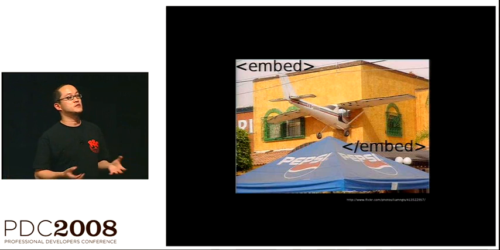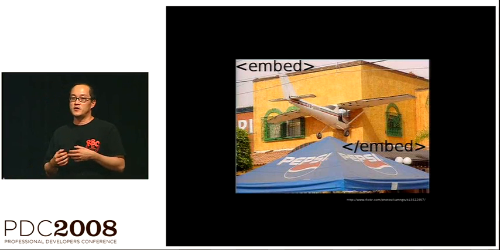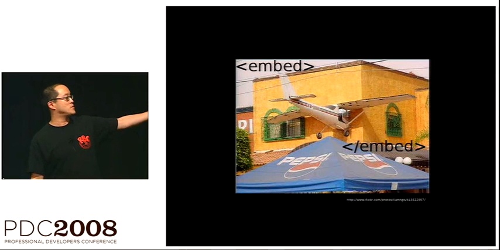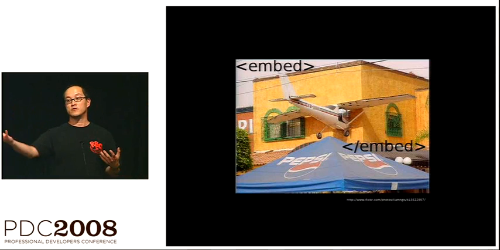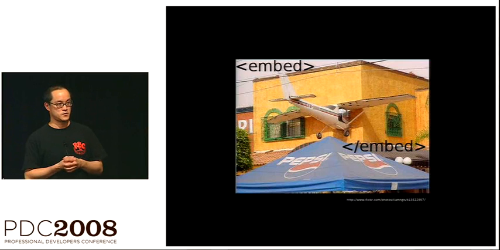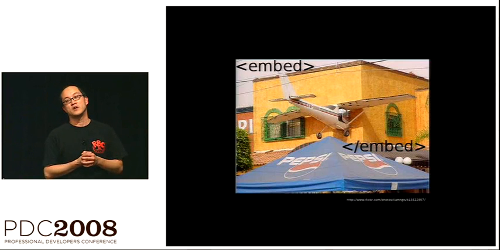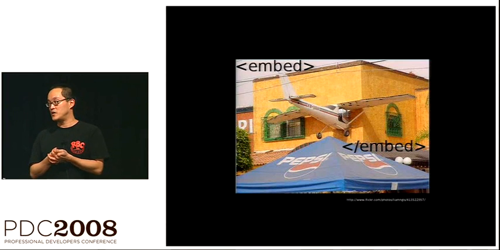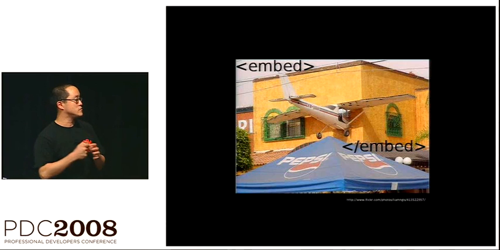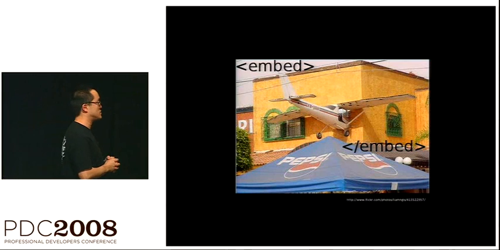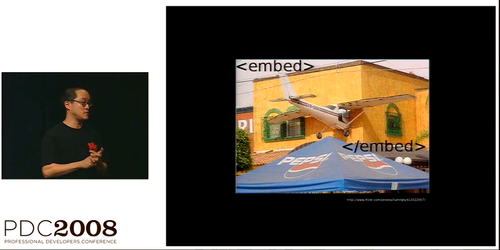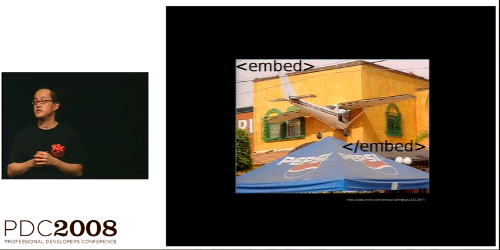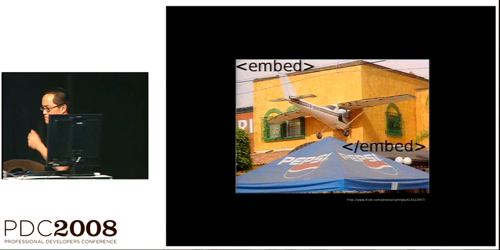Maybe you've got an existing application that you want your people out in the field, or maybe even your customers, to write some scripts against. You would expose some kind of programming model as part of your application, and you would hand that over to the script writer as an application object, let's say, and they can program against that inside of whatever DLR-based language they want. So I'm going to show you how easy it is to do that inside of IronRuby.